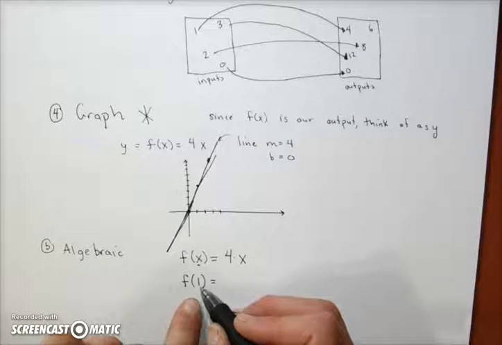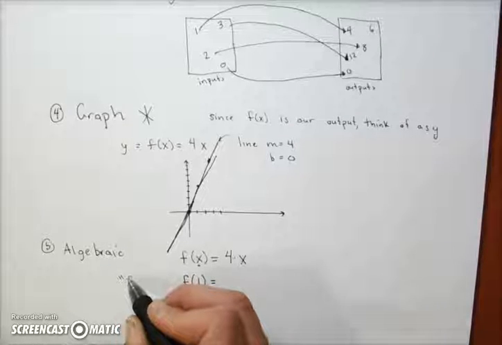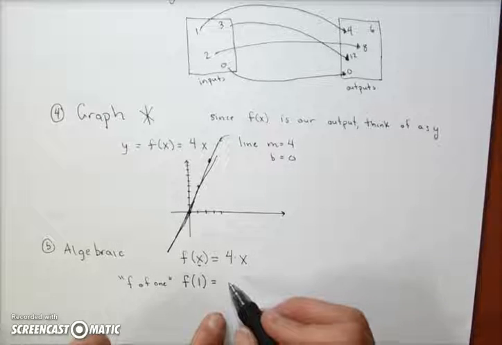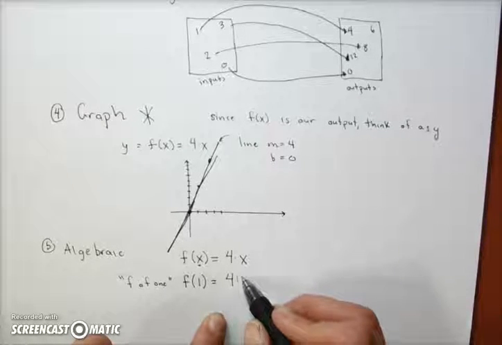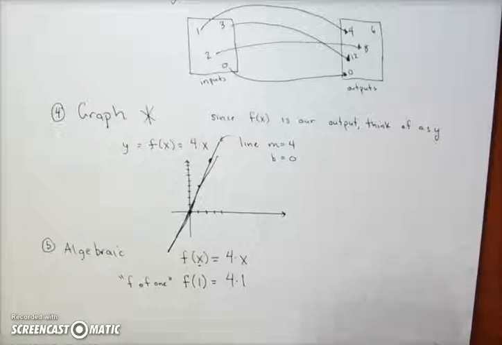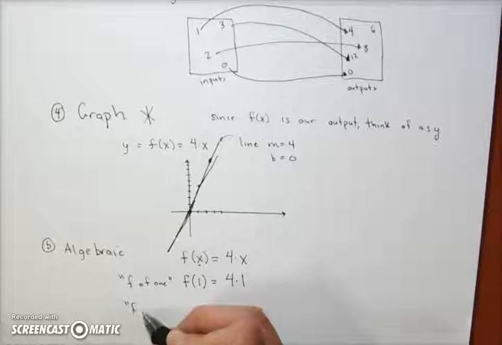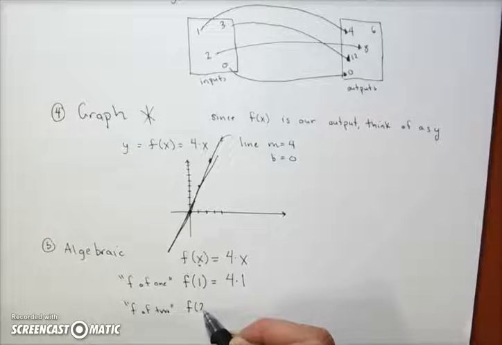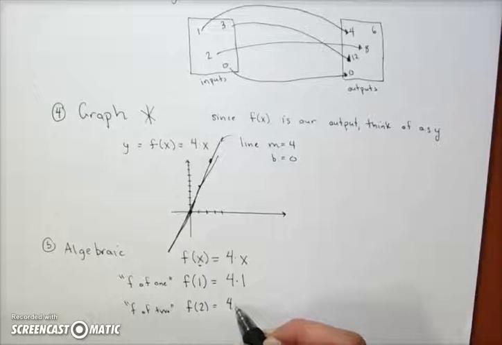So I do f of 1. That's how we say this, f of 1. And that's going to be 4 times 1. F of 2, I just plug in 2. So that's going to be 4 times 2.